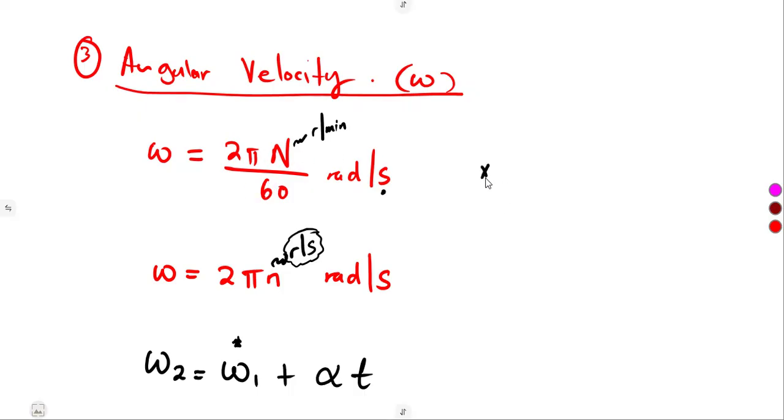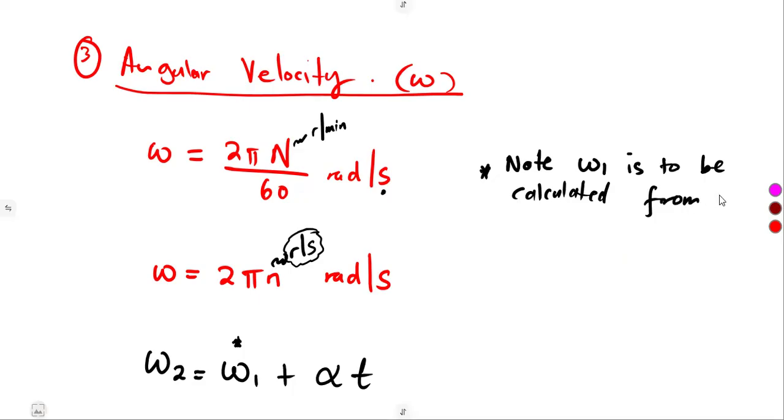Omega 1 is to be calculated from the given speeds, depending on what you'll be working with.